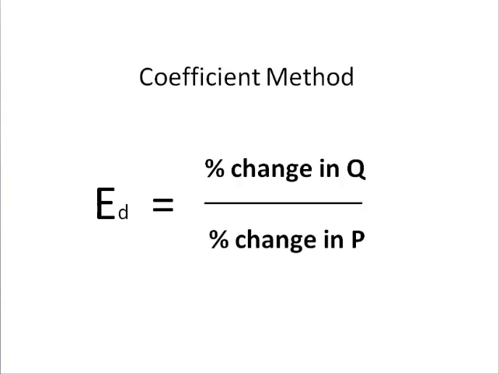Well, 10% would be the numerator, and then the 5% change in price, so 10 divided by 5 gives you a coefficient of 2.0, which, as we'll see in a minute, makes it elastic. Suppose we had the same 5% change in price down here, but this time we only had a 1% decline in quantity. Then we would have 1 divided by 5, or a coefficient of 0.2. So let's go to the next scene.